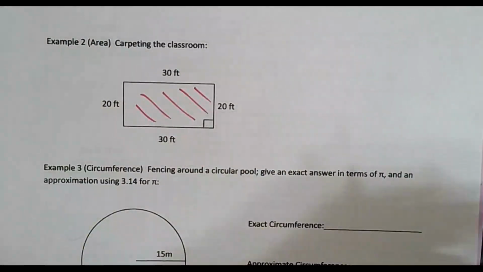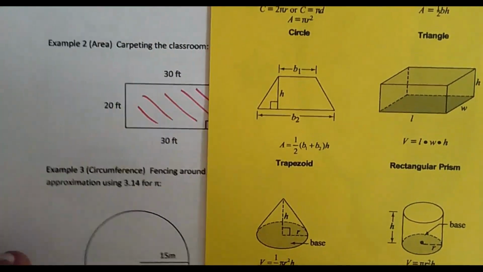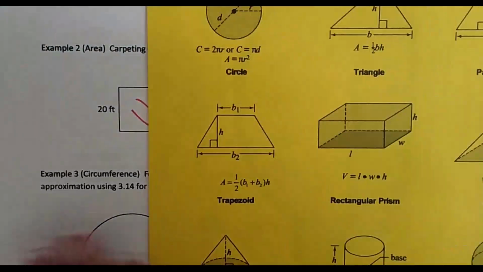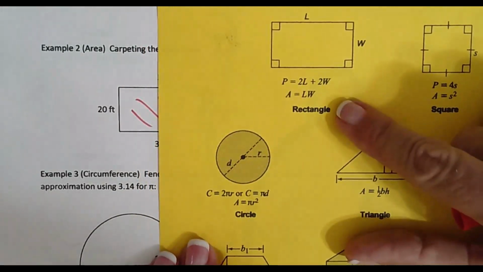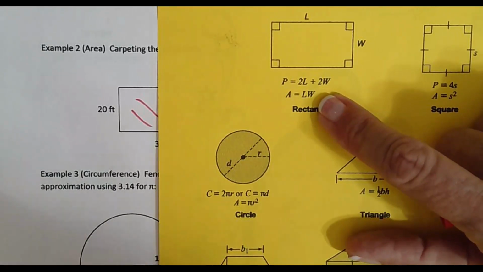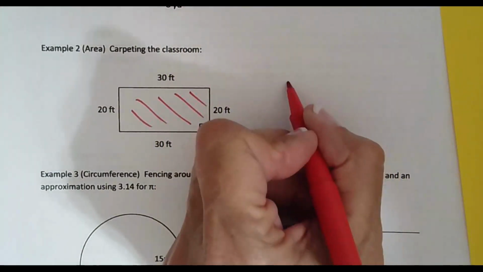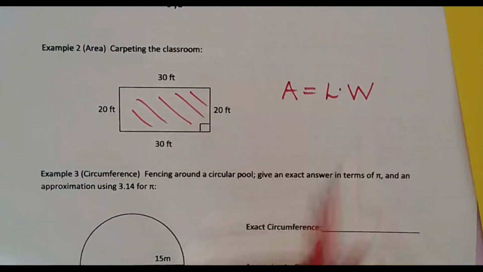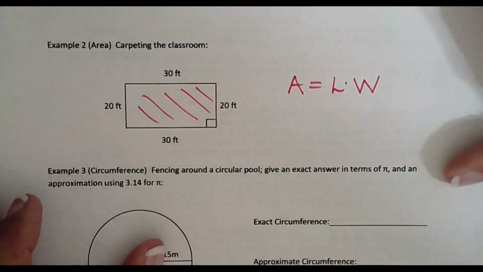And if you look at your formula sheet, which you get to use for this chapter, and it's provided in the handouts, you can see the area of a rectangle is length times width. So area equals length times width. So I write that formula here, and then I just fill in. And remember, area is always in square footage.